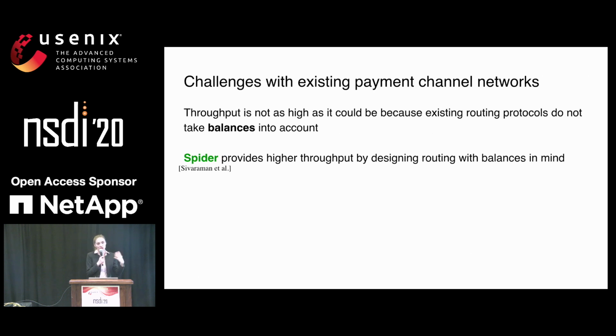Or if some transactions deplete certain paths of payment channels, then one needs to do expensive on-chain operations. So Spider is basically trying to provide much higher throughput by designing routing with balances in mind. Okay, and they have a variety of techniques that really exploit knowledge of the balance to improve throughput.